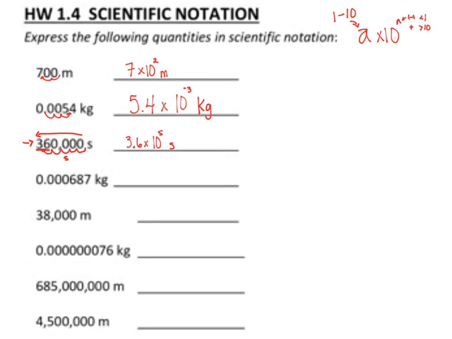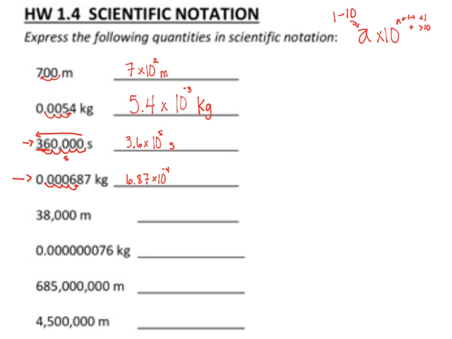Next one, we have 0.00687. 1, 2, 3, 4. So my number is going to be 6.87 times 10 to the negative 4, negative because this number is less than 1.